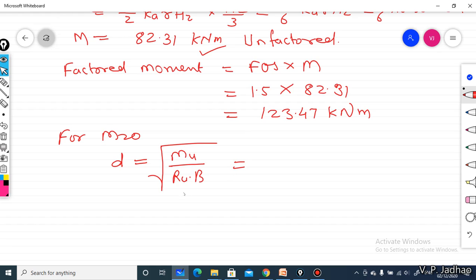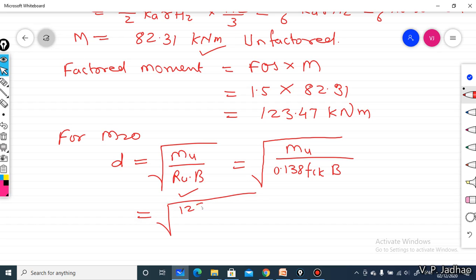We have seen this particular formula in the design of combined footing also. We can also simplify this formula as Mu divided by 0.138 FCK into b.